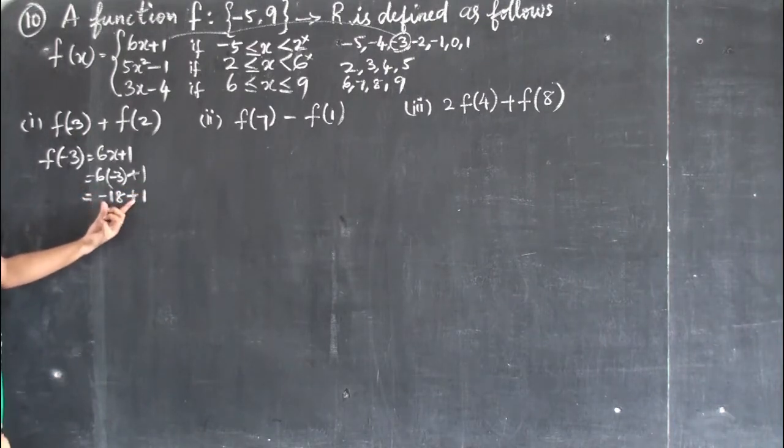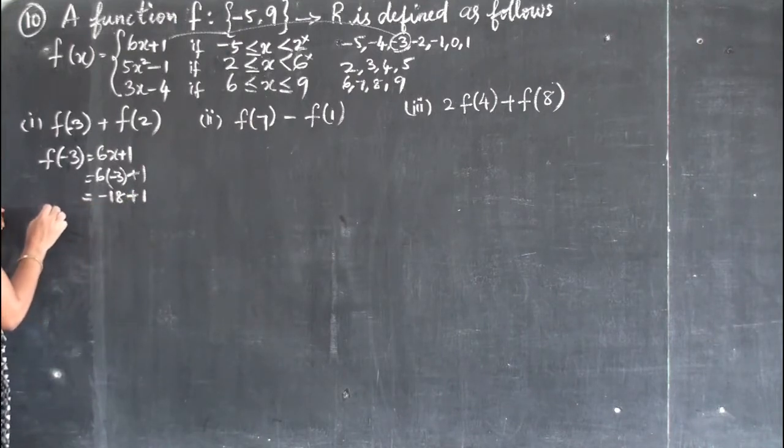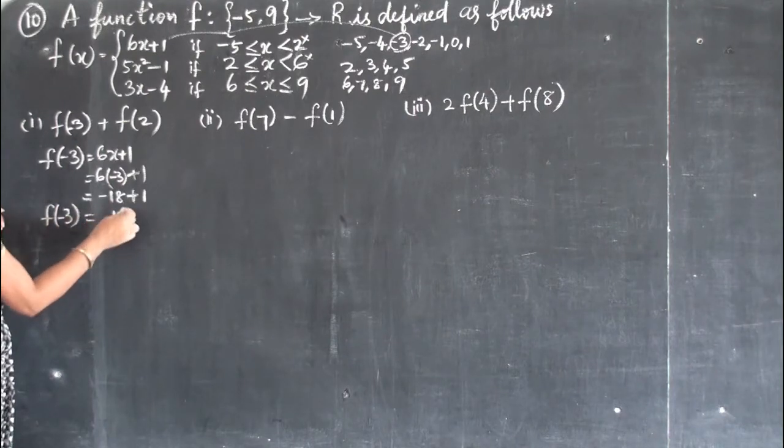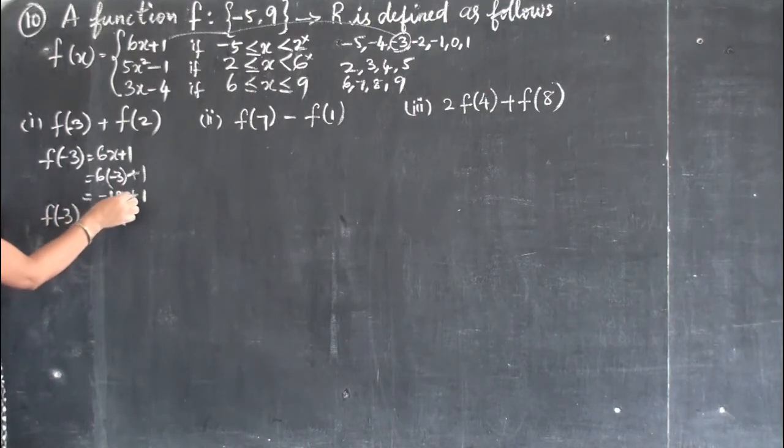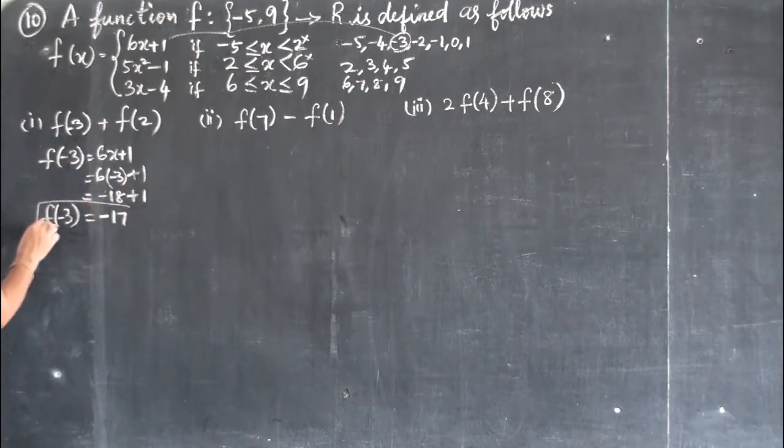We have different signs. 18 minus 1 is 17. Now check which number is greater. 18 is greater, write that sign. So f of minus 3 is minus 17.